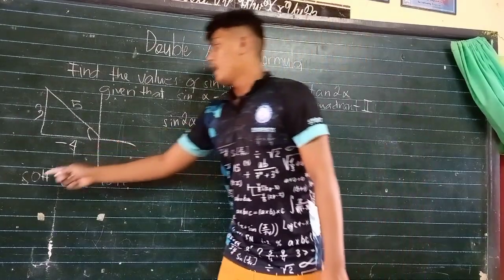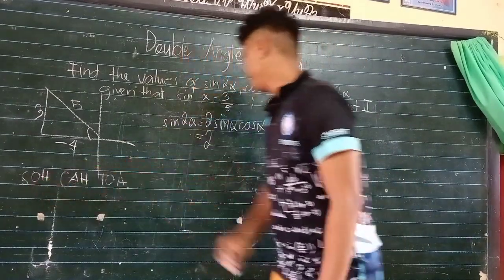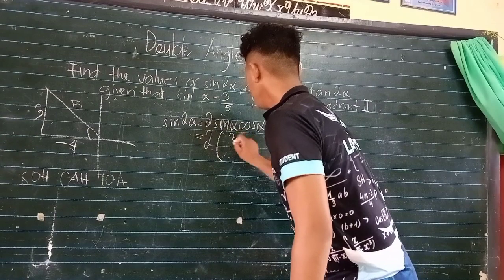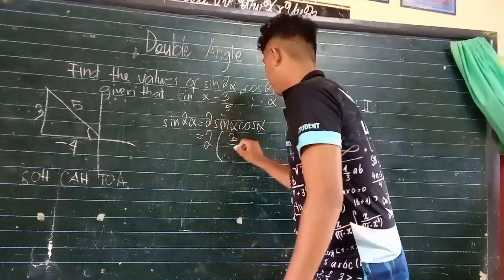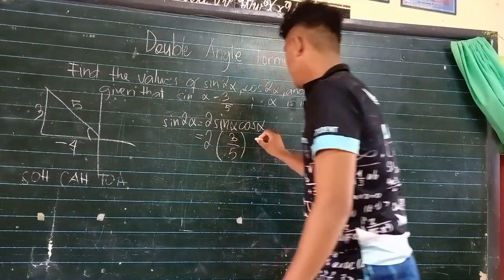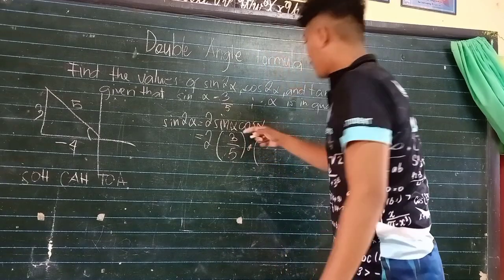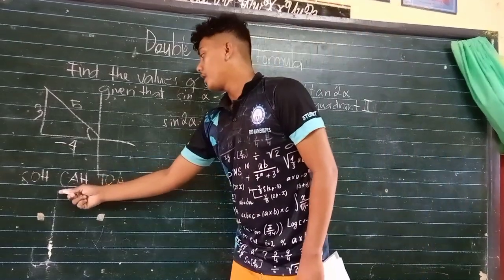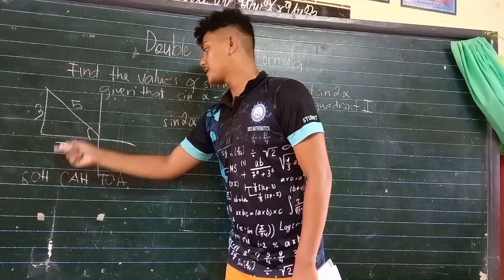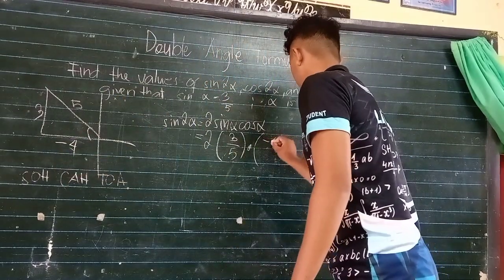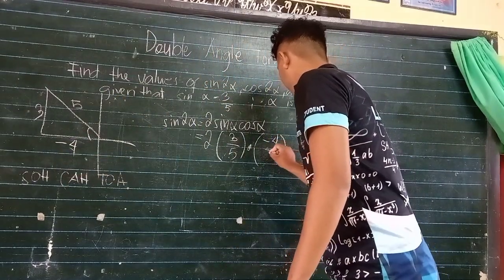Sine is opposite over the hypotenuse, so 3 over 5, times cos alpha. Cos alpha is adjacent over the hypotenuse, 4 over 5.